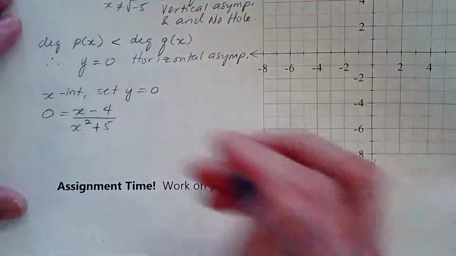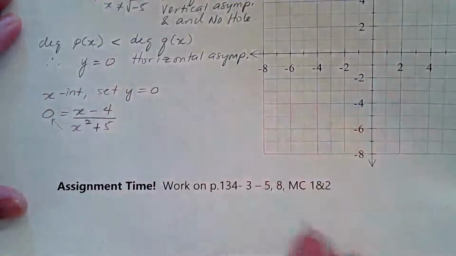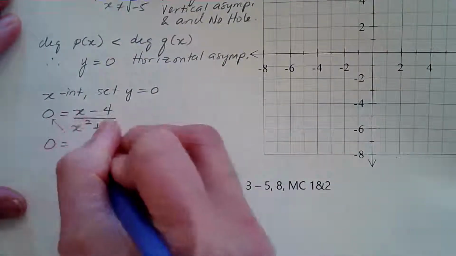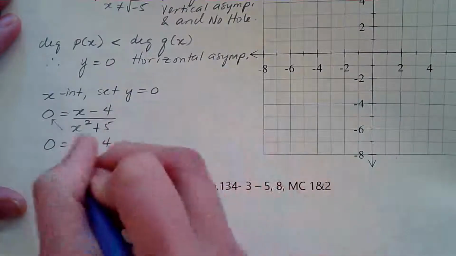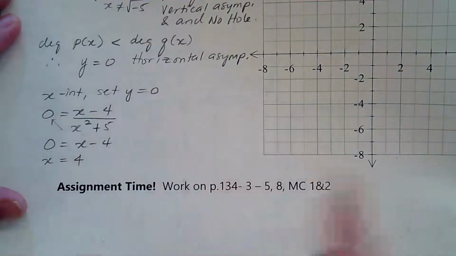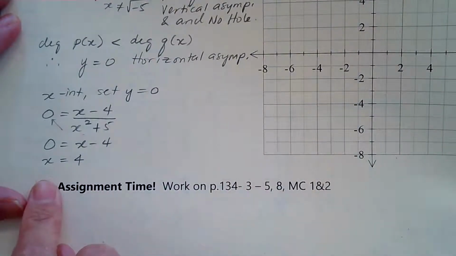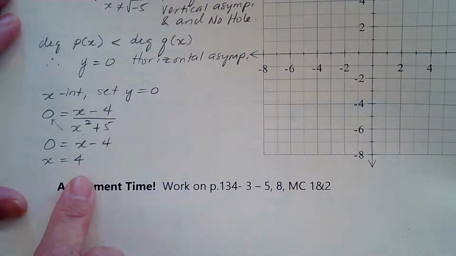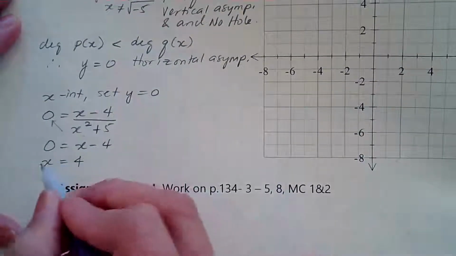Okay. I will have to cross multiply here. So you're going to get 0 equals x minus 4. Therefore, x equals 4. Okay. So x equals 4. So the x-intercept is 4. This is going to be really, really weird.